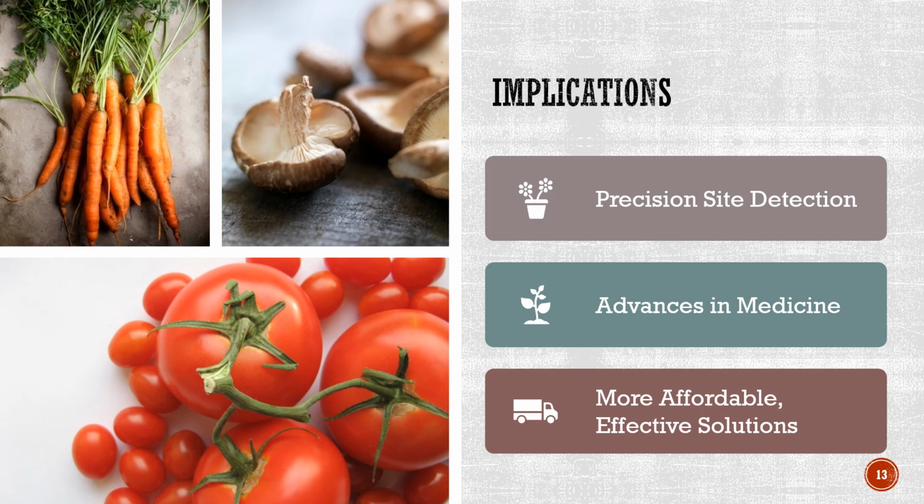So it already was able to increase the efficiency, reduce cost, and bring about more advances in medicine more quickly. And then, of course, because of the lower cost and the efficiency, it was able to save money for everybody.